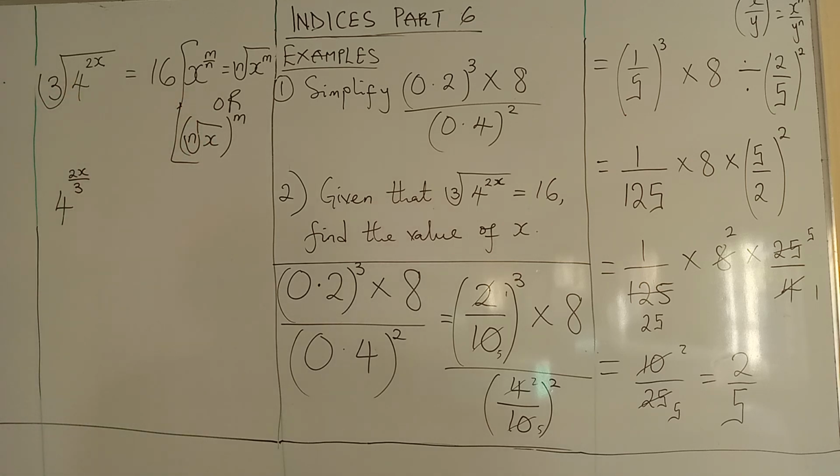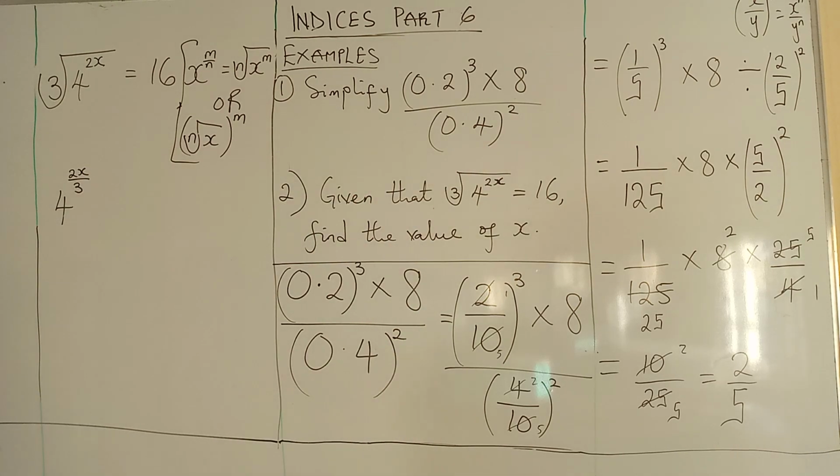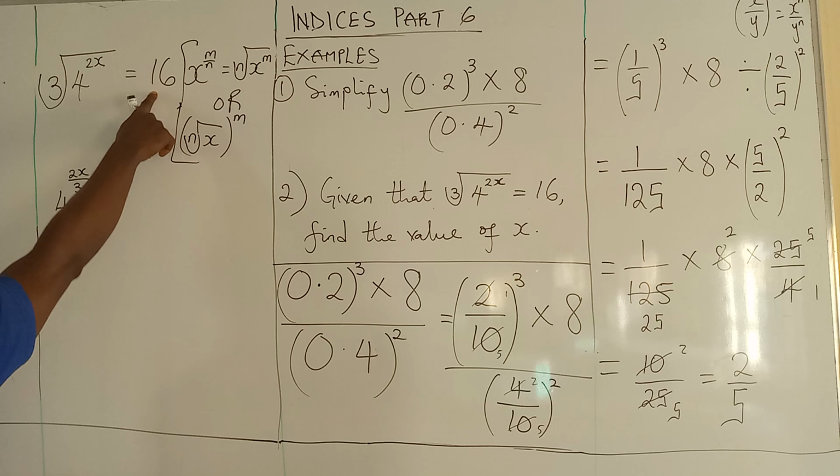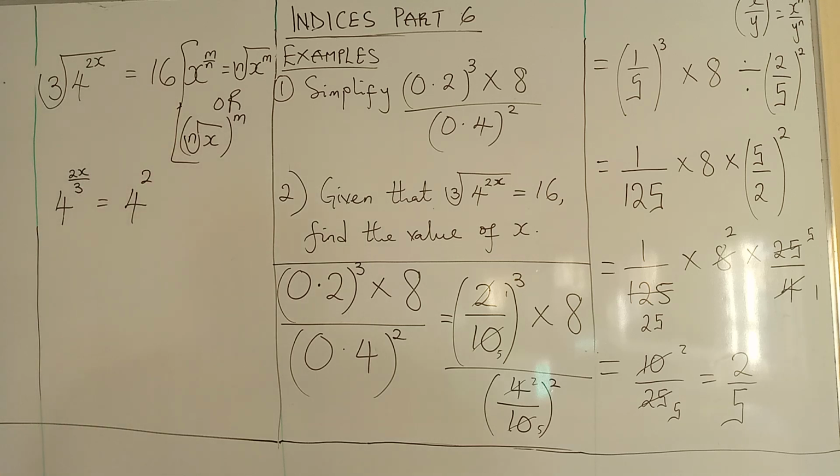So we call that fractional index law. That's why I advise, if you have not gone through part 1, part 2 till part 5, try and go through it, especially part 1, because I have explained the laws of indices under indices part 1. And so this is equal to 16, which is the same thing as 4 raised to power 2.